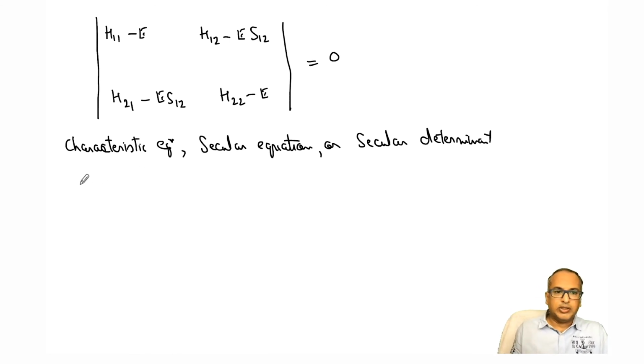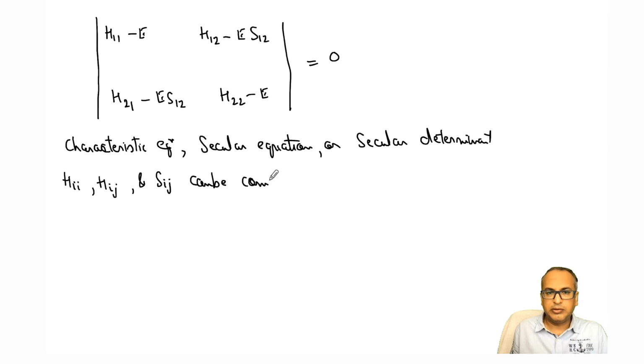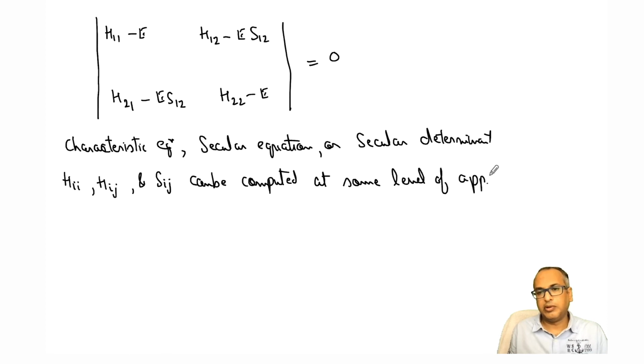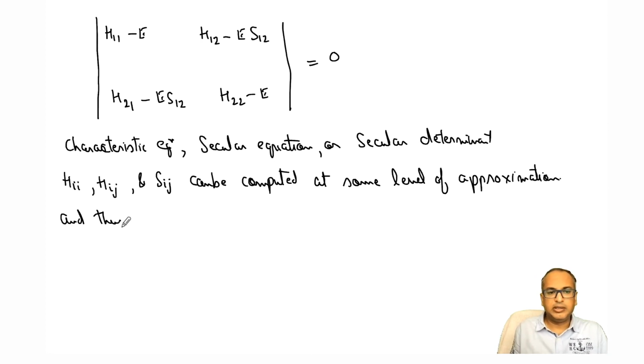Okay, so now we can say that the values of Hii, Hij, and Sij can be computed at some level of approximation, and thus one can solve.